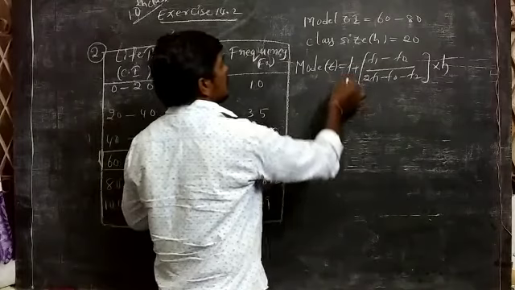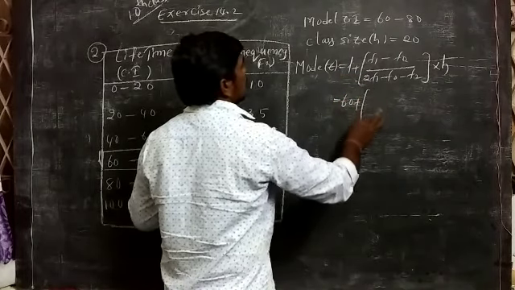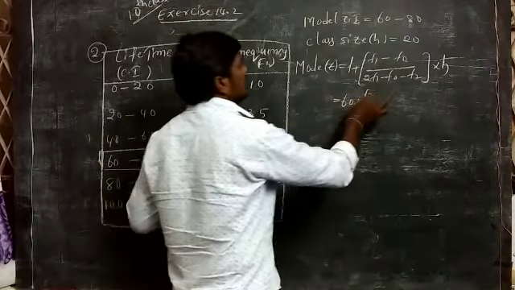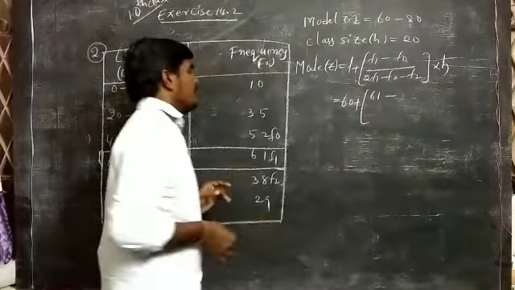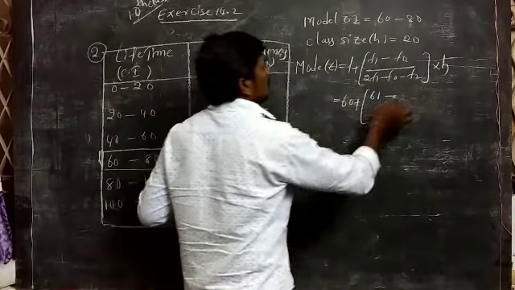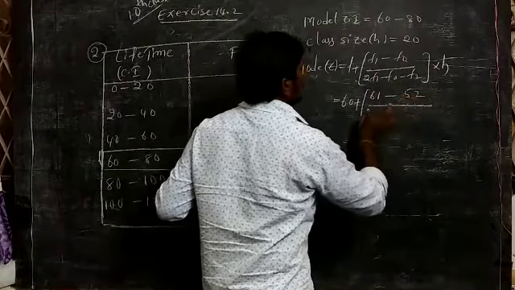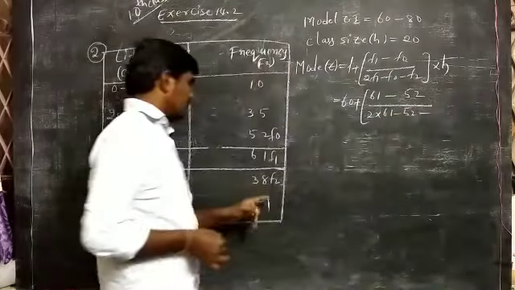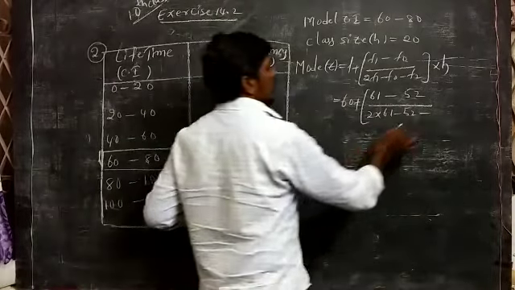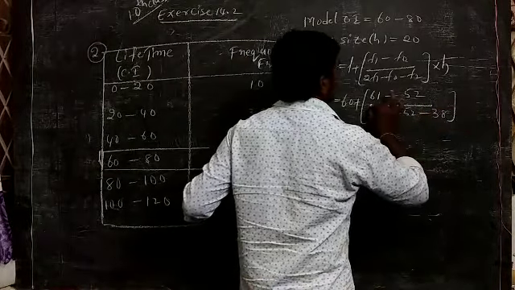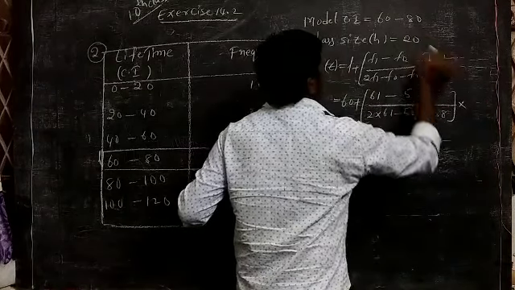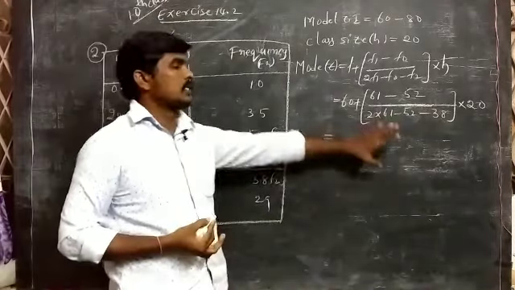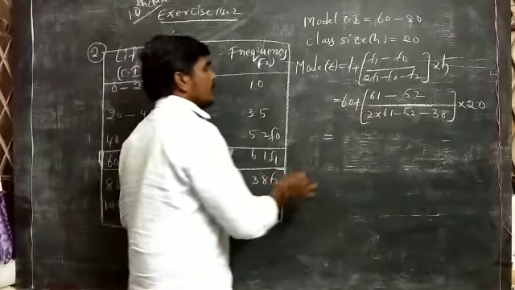So in the L place write 60 plus F1, frequency of the modal class interval, 61, F0 preceding value 52, 2 into 61 minus F0 52 minus F2 succeeding number 38, into H, size of the modal class interval, 20. Okay, here the calculation is very, very important. We can do it very carefully.